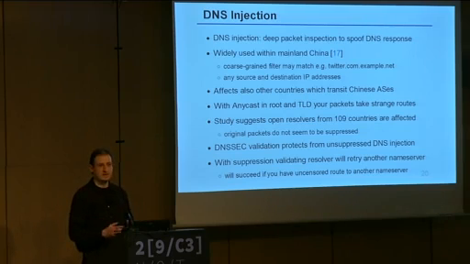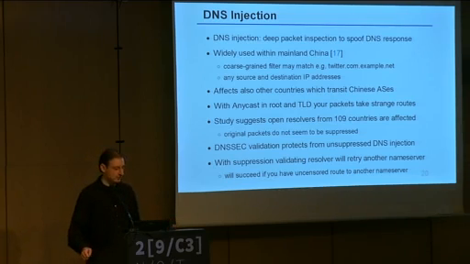Because there's a redundant set of name servers for the root zone, and a redundant set of name servers for the top-level domains. So when you get a censored response, you can try another one and maybe you're lucky. So DNSSEC may reduce the harm that is done by this censorship method.